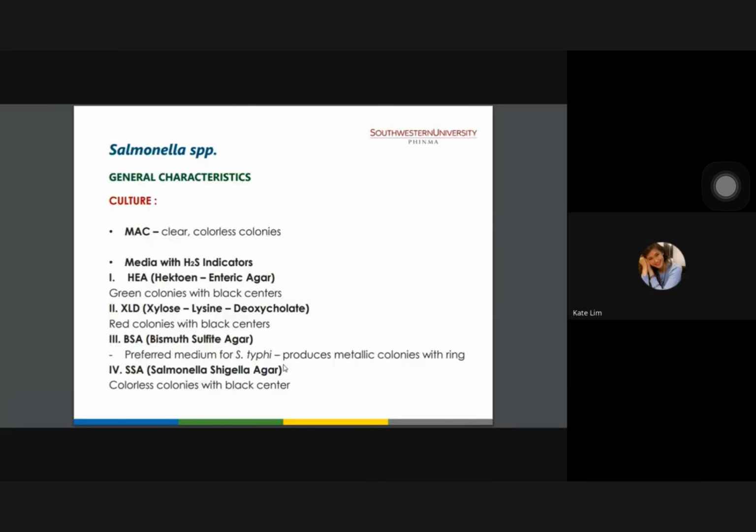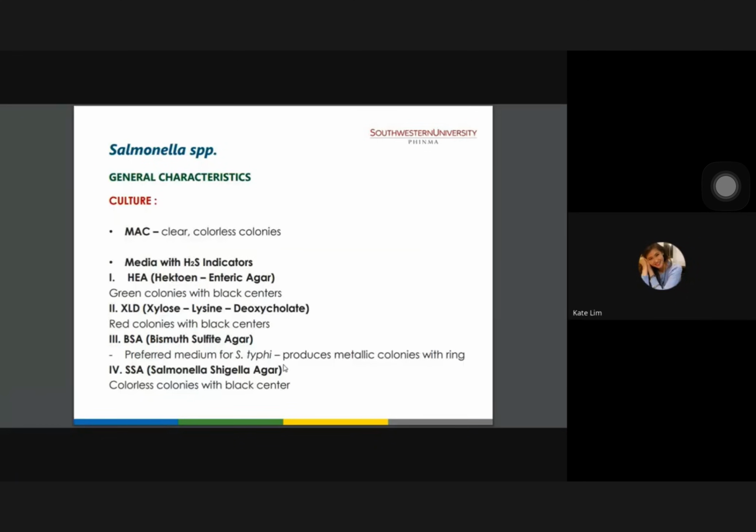How about this media? The media right here are media with hydrogen sulfide indicators. Your Salmonella is a known producer of hydrogen sulfide. Number one, what we have here is your HEA, Hektoen enteric agar. Later on, I will show you pictures. In here, Salmonella colonies are green with black centers. Black centers usually indicate hydrogen sulfide production.